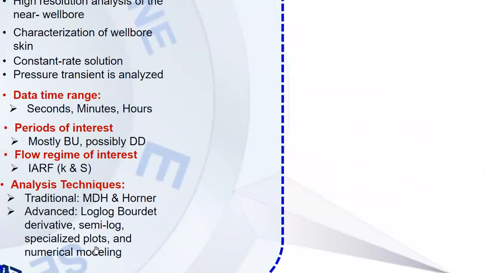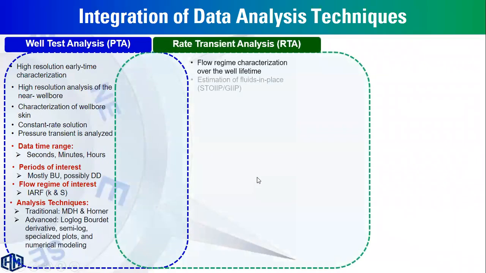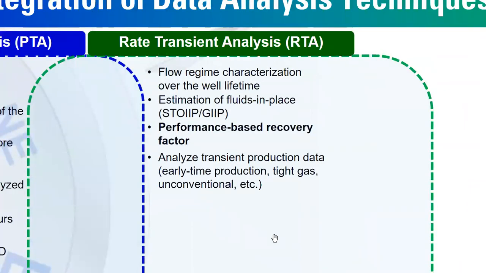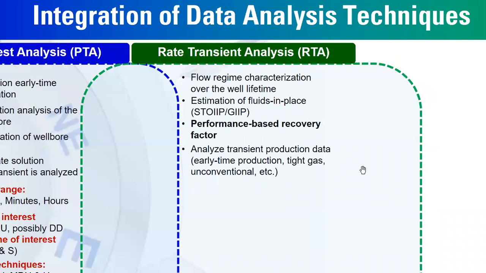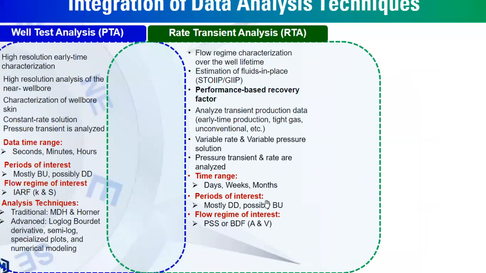or even specialized plots. For RTA, we have the identification of flow regime across the long history of the well, estimation of fluid initially in place, and its performance-based recovery factor, and the time range may be weeks or months.